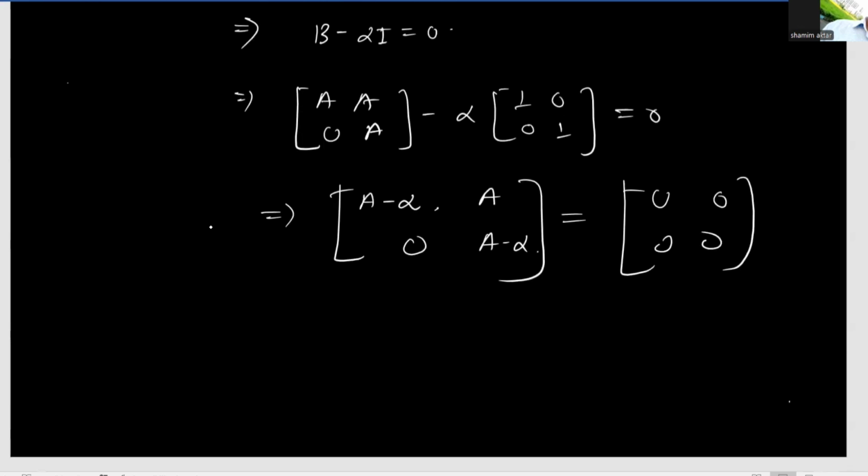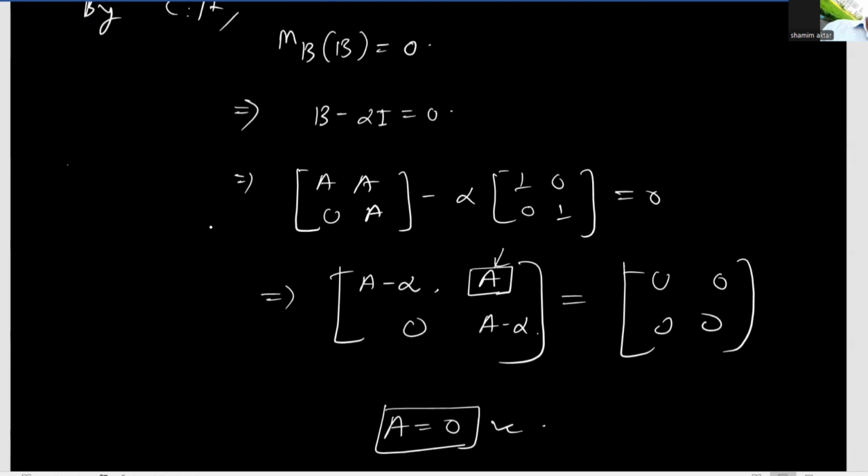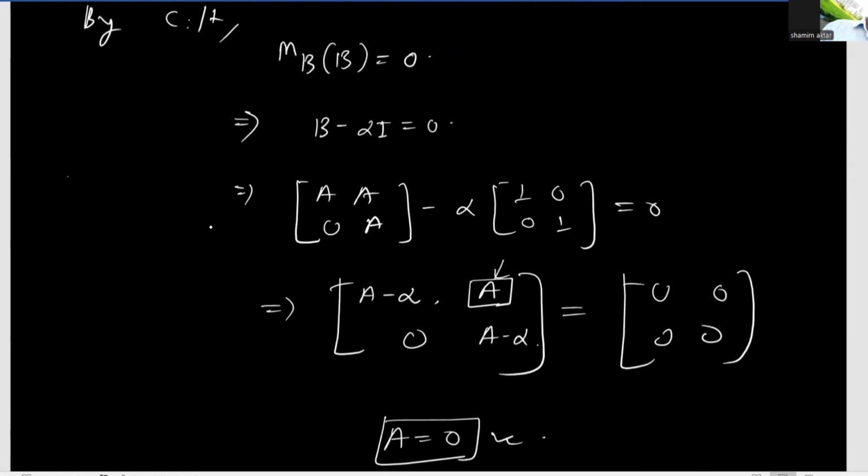Comparing the coefficients of both sides, from here A is equal to 0. So A is the 0 matrix. So this is also true when alpha equals beta.